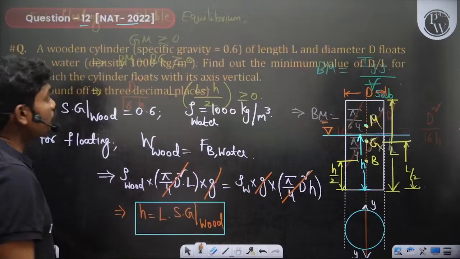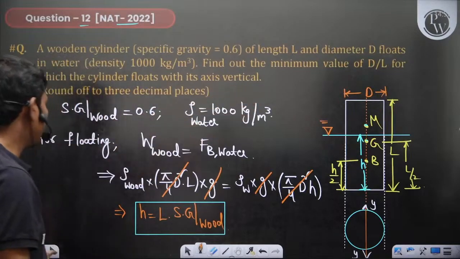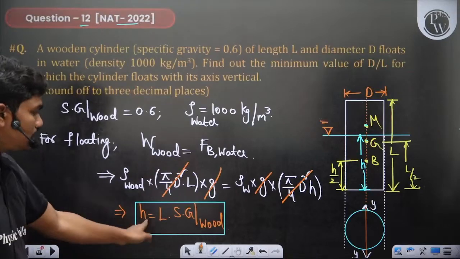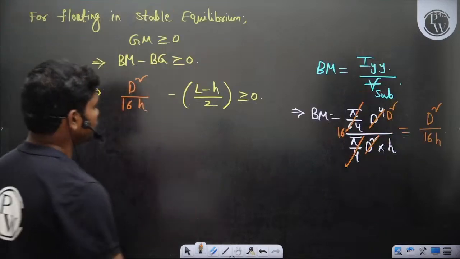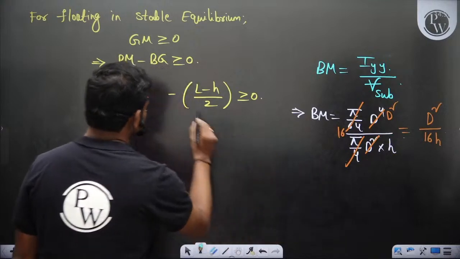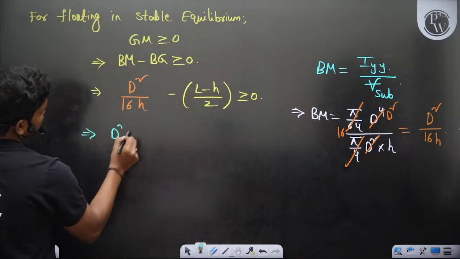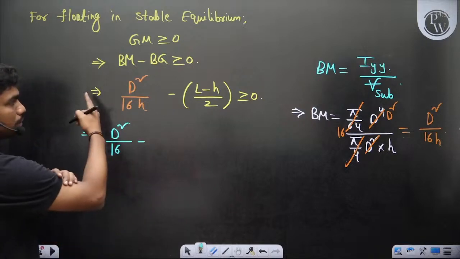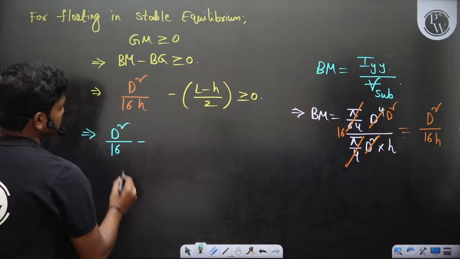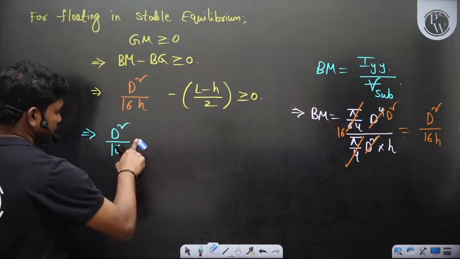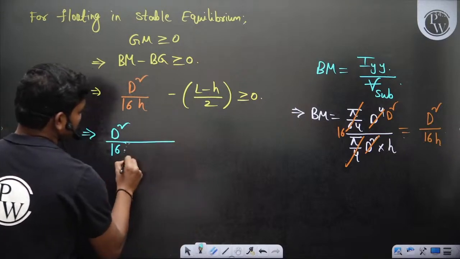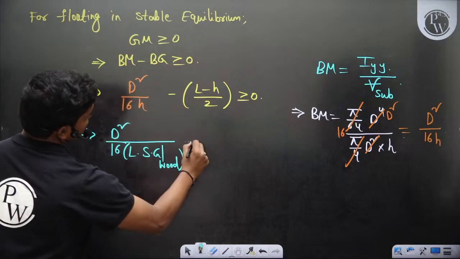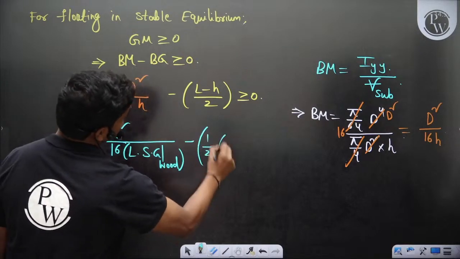Now what value do we want? We want the d by L value. So let's substitute for h in terms of L. The relation is h equals L times the specific gravity of the wood. So the equation becomes d square by 16 h minus, with h being L times specific gravity of the wood, half into L minus h.